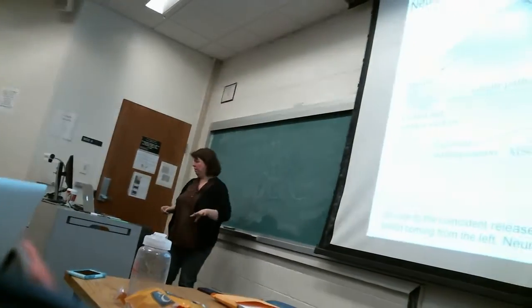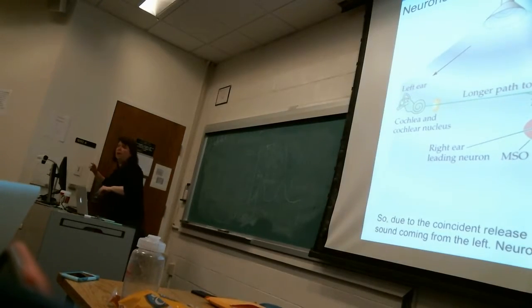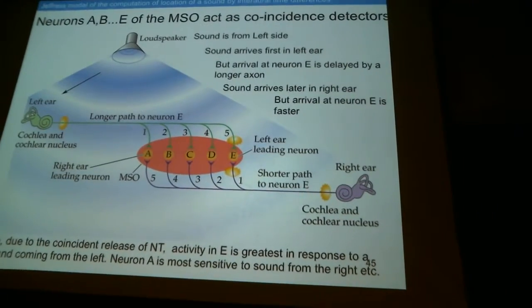And let's just talk about this as if we're talking about nerves. There's actually a relay step. Don't forget about that. The phase information is maintained in that relay step.